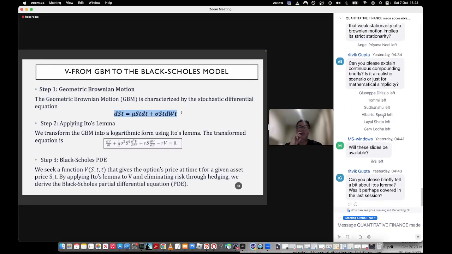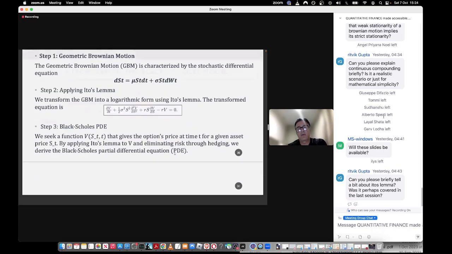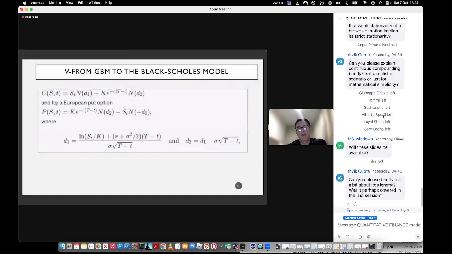In fact, here you can easily differentiate this part, but not this part. So you have to use Ito's lemma, and be in the risk neutral measure, and use a hedging portfolio, trying to replicate the portfolio you get, by hedging it. And after that, using Ito's lemma, you will end with this equation, and obtain the famous Black-Scholes formula for a call and a put.